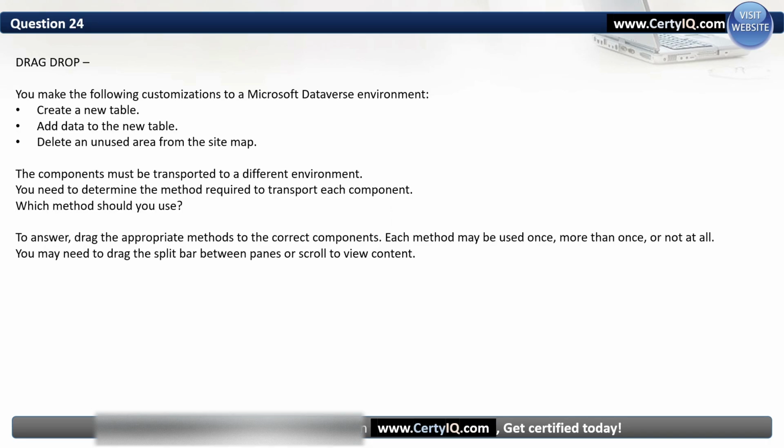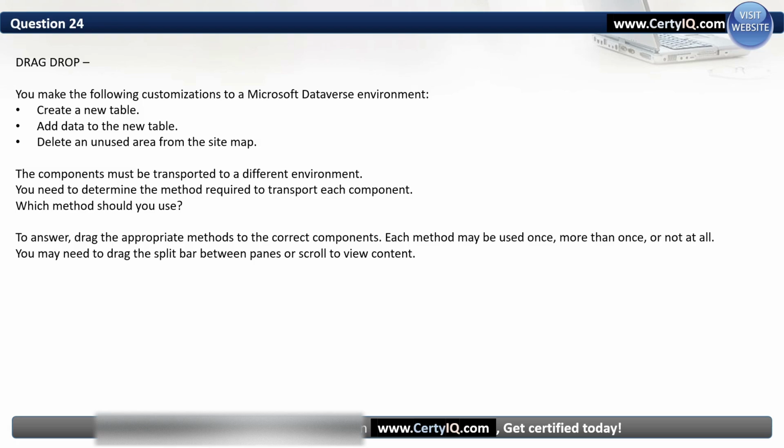Question 24, drag drop. You make the following customizations to a Microsoft Dataverse environment: create a new table, add data to the new table, delete an unused area from the sitemap. The components must be transported to a different environment. You need to determine the method required to transport each component.